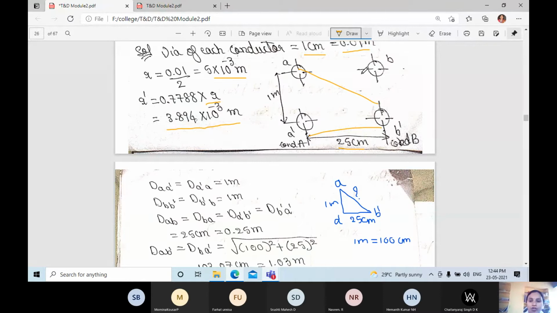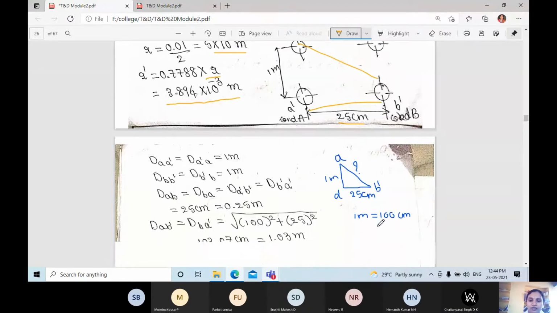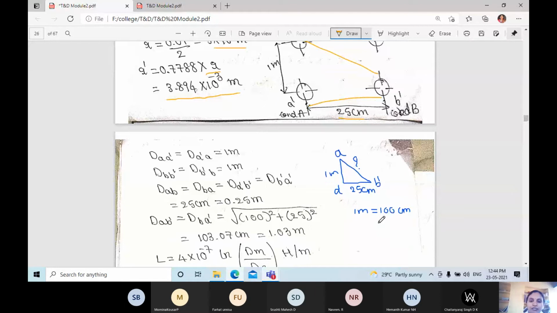If we want to find that out, it is 1 meter and 25 centimeter; I have just written it in terms of centimeter. 1 meter is equal to 100 centimeter.